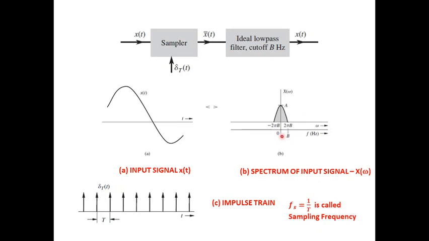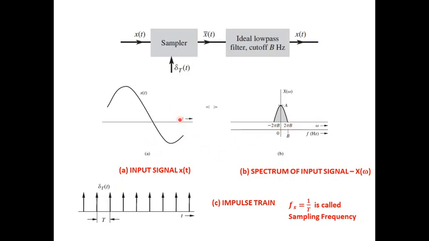We can see that this spectrum consists of a baseband of B, so the frequency here is 0 to B. In terms of omega, it is 2 pi B. In other words, the bandwidth of the given signal is B hertz, or this incoming signal has a frequency of B hertz, and in radians it is denoted by 2 pi B.